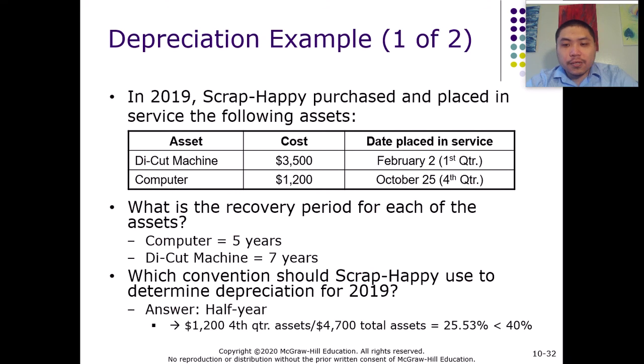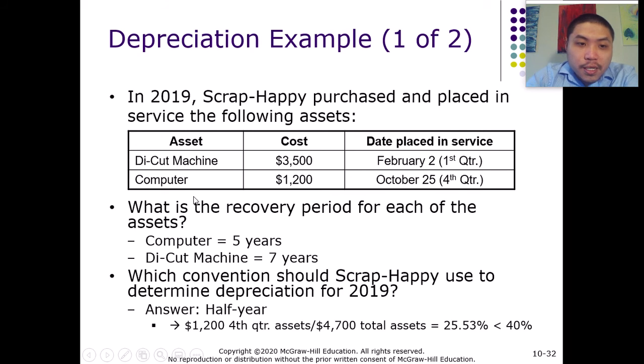All right. So let's look at this example. It says in 2019, this company purchased and placed into service the following assets. There's a machine which cost them $3,500, and they put it into service on February 2nd, which is the first quarter.